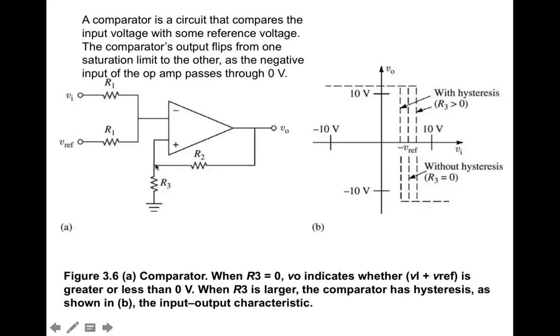So it's highly desirable, if you don't want that, to have your resistor to ground as close to 0 as possible. But basically what happens is your output voltage will flip from 10 volts to negative 10 volts, or 13 to negative 13, just depending on where this op amp saturates, based on the relationship between the reference and the input voltage. So you're intentionally driving this op amp into saturation.